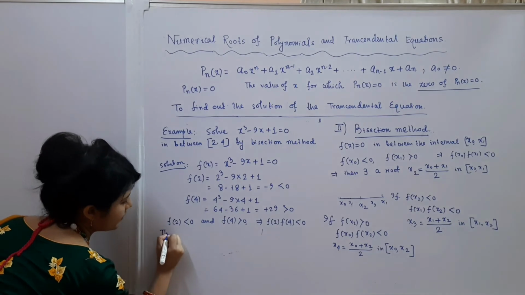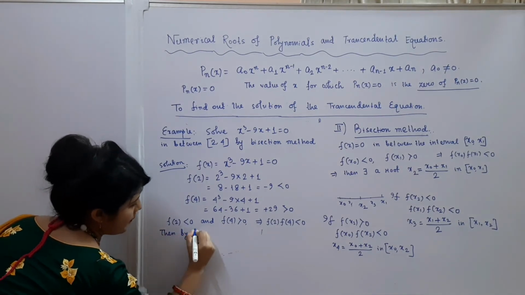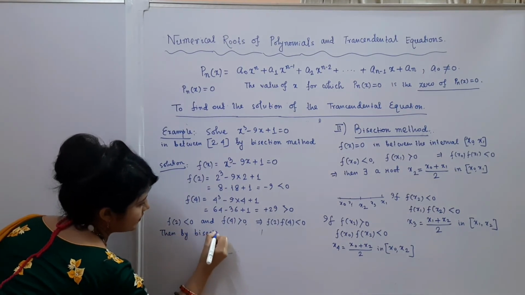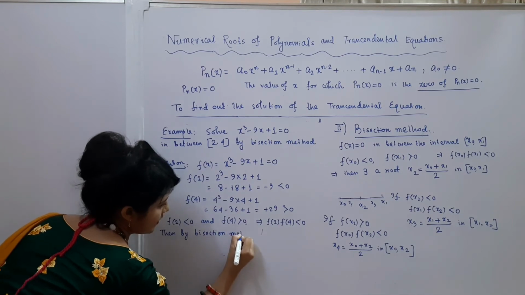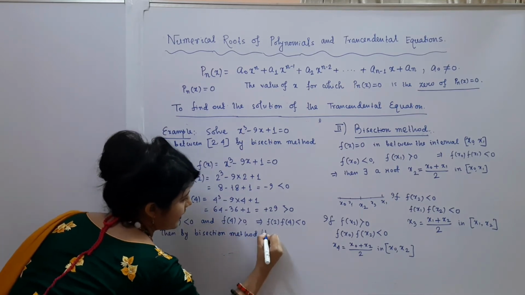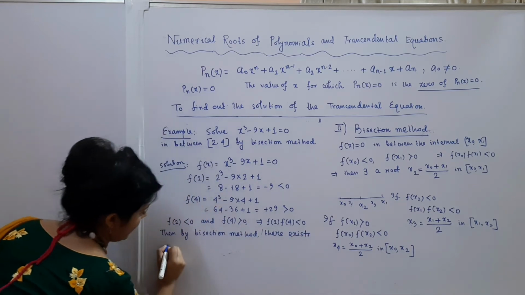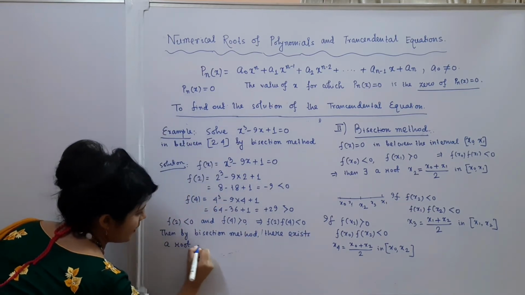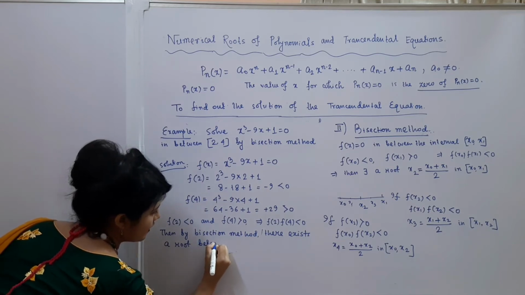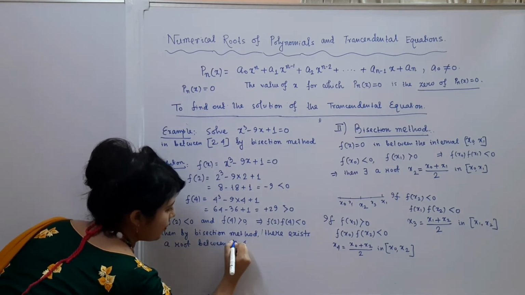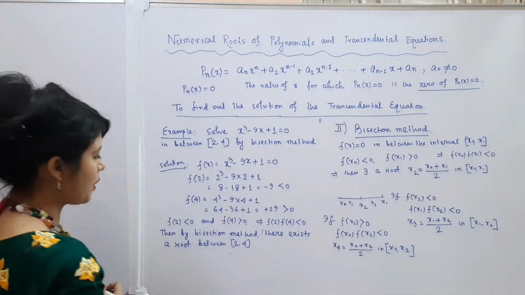So then by bisection method there exists a root between 2, 4, between the interval 2, 4.